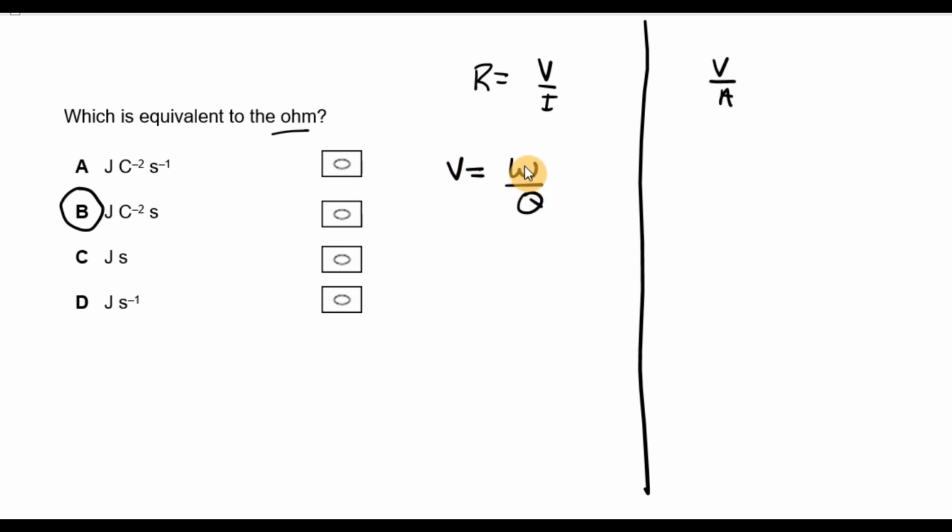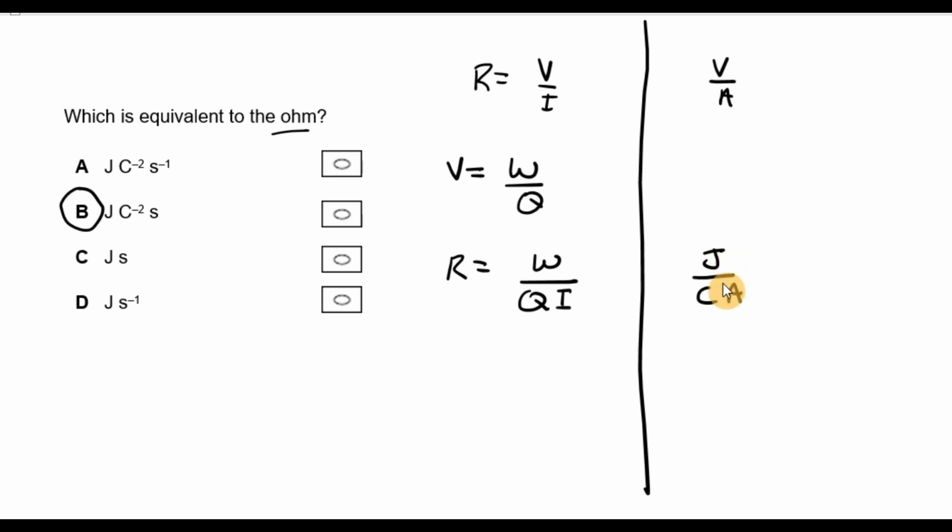If I substitute work over unit charge into this equation, I find that resistance is equal to work over charge and time. So the units of work, joules, the unit of charge, coulombs, and the unit of current is amps.